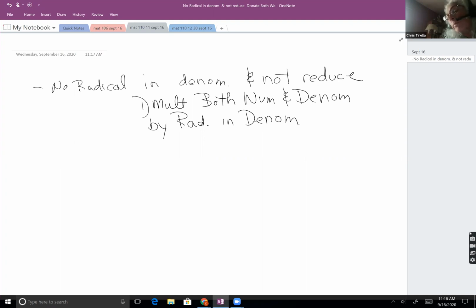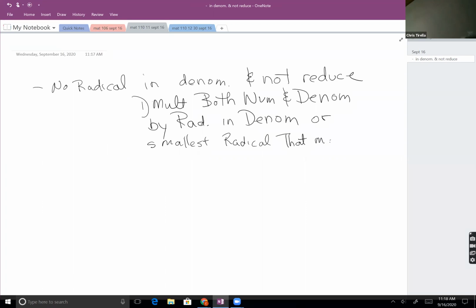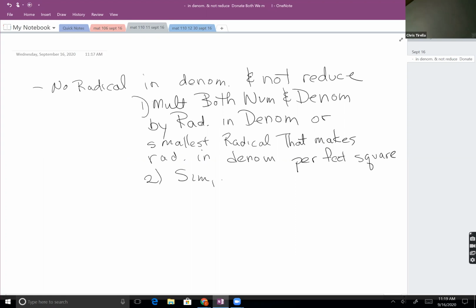Although sometimes we can multiply by something smaller, sometimes we're going to multiply it by the smallest radical that makes the radicand a perfect square. And then we're going to simplify. The second step is much less writing than the first step.